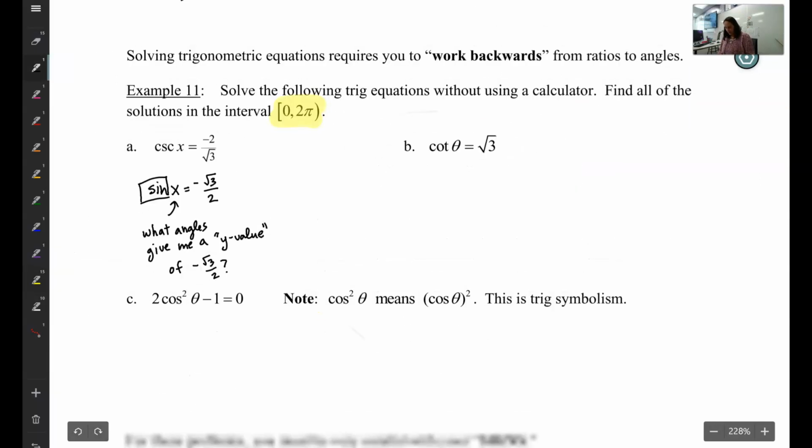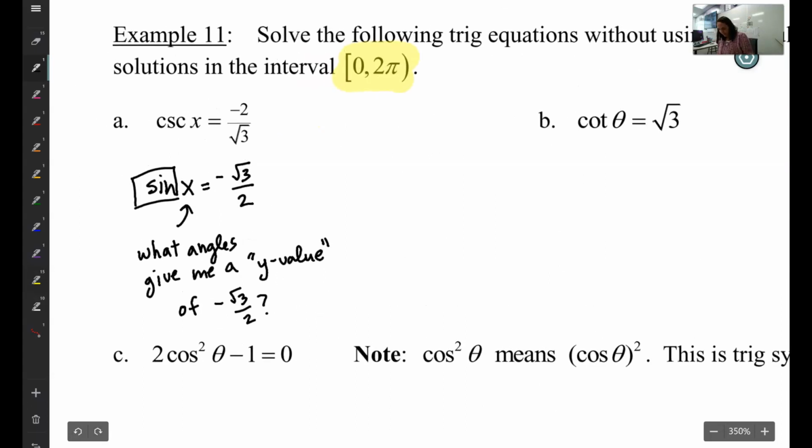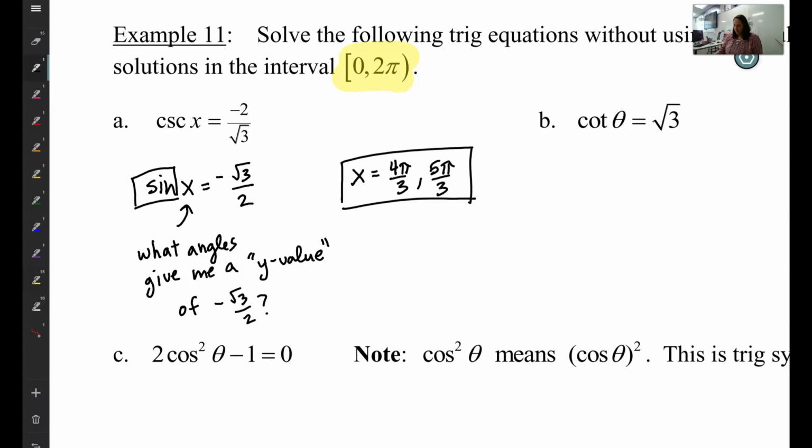My answers will be x equals 4pi/3 and 5pi/3, because those were the two angles that gave me a y value of -√3 over 2.